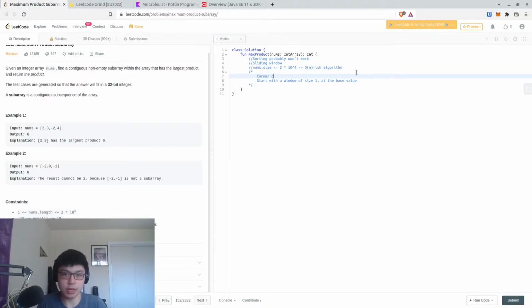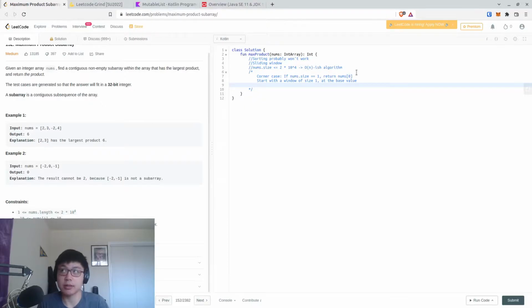Of course, the corner case is that if nums.size is equal to 1, return nums[0], because that's the maximum product no matter what. It's the only value within the array.